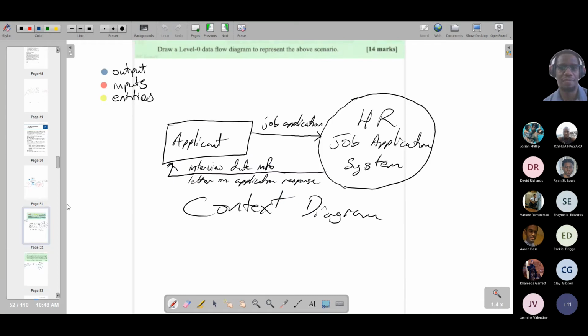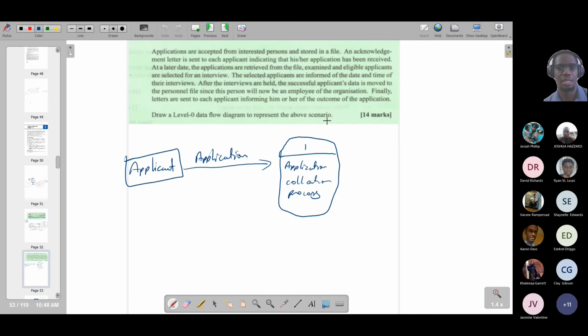And that's something I forgot to put here, because we also have to put our acknowledgement letter. Everybody got an acknowledgement letter in the beginning. That's what they said here: an acknowledgement letter is sent to each applicant. So this process sends back an acknowledgement letter that their application has been received.